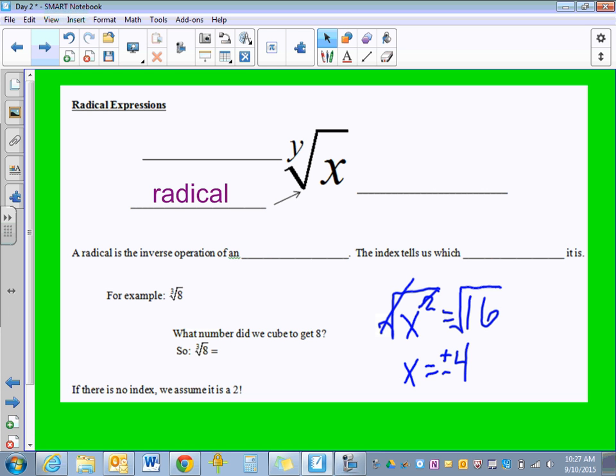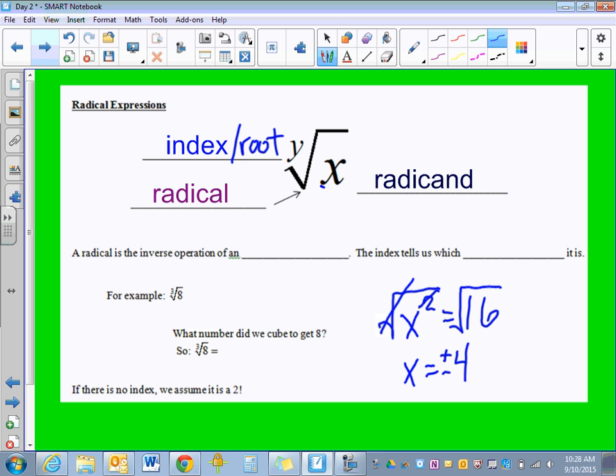Alright, so this is called a radical. This piece right here is called your index. You may also hear us refer to it as the root. And then what's underneath your radical is the radicand. So this x value here, that's your radicand.